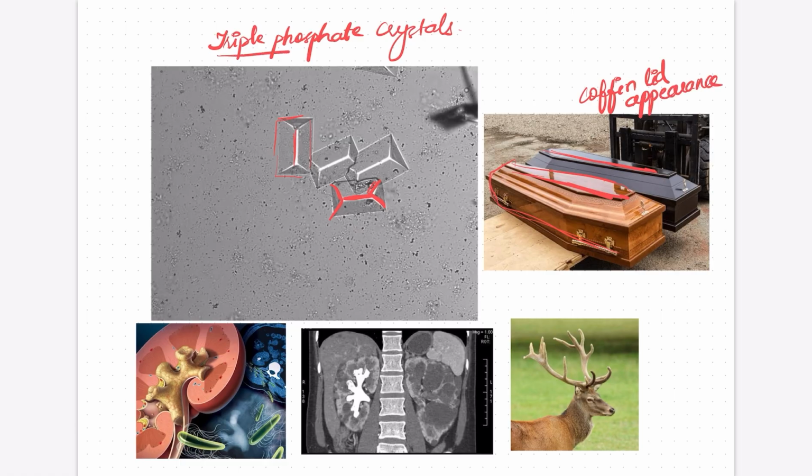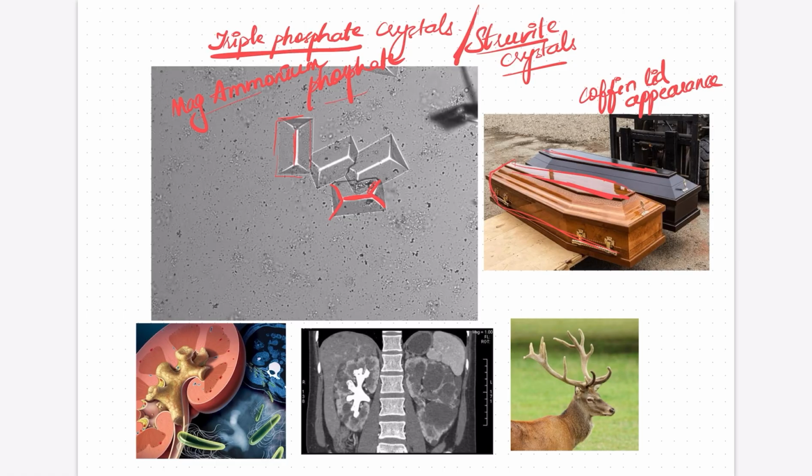Also, these triple phosphate crystals are called struvite crystals. It is called triple phosphate because they are made up of magnesium ammonium phosphate.